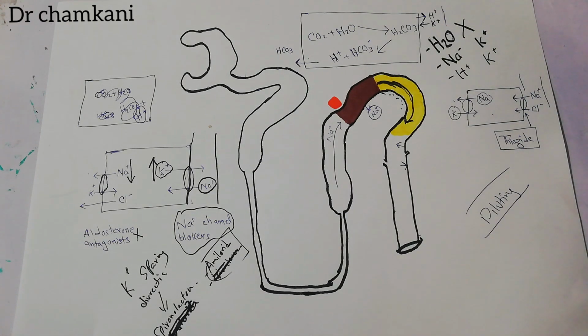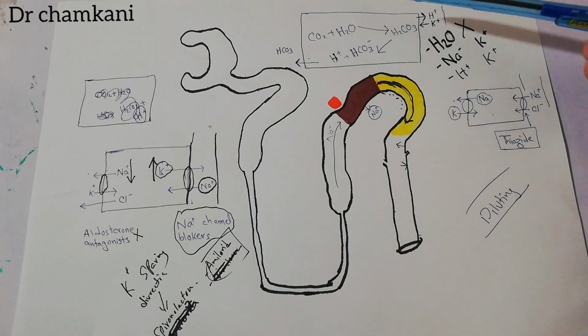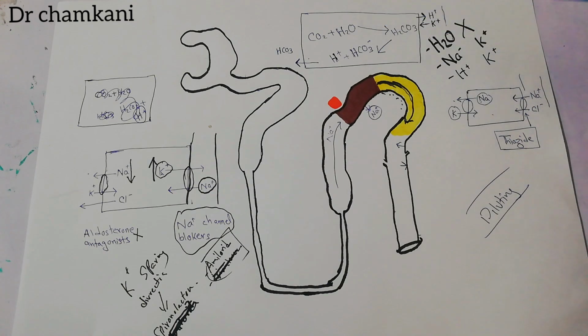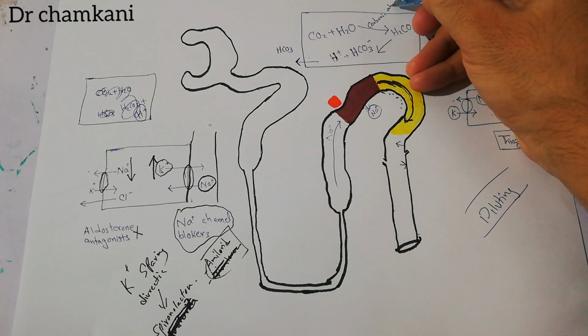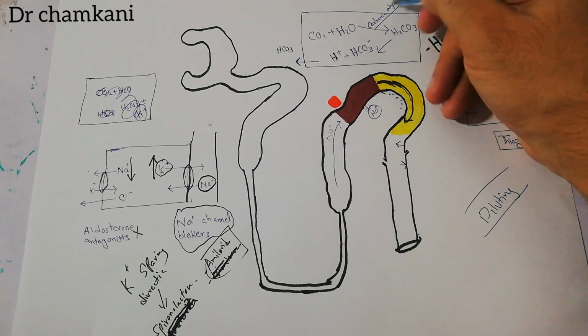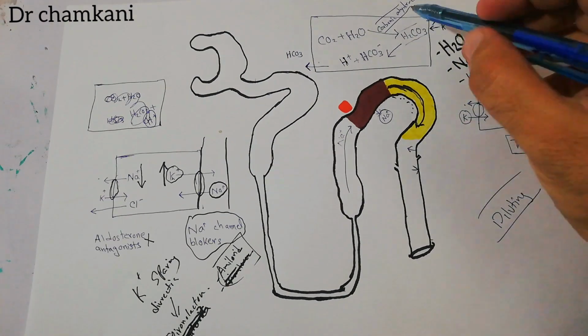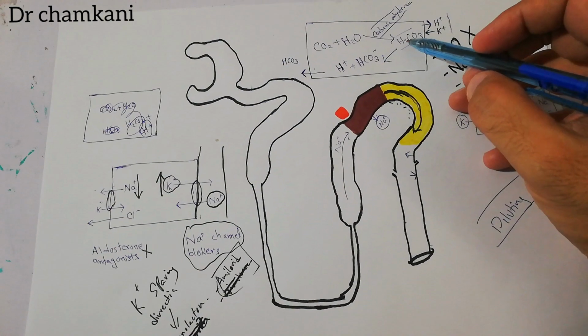This will happen because inside the intercalated cells, the carbon dioxide and water, with the help of carbonic anhydrase, form carbonic acid inside the intercalated cells. The carbonic anhydrase acts on carbon dioxide and water and converts it into carbonic acid.